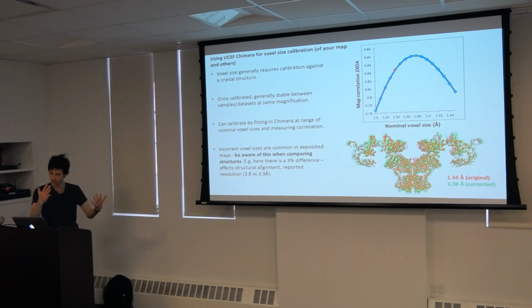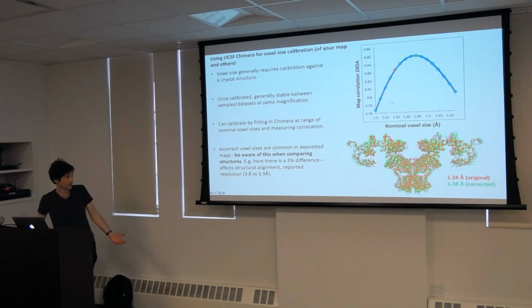But if it's just being calibrated with a cross grating, it's going to be off by enough that it's a problem. If it hasn't been calibrated with a crystal structure, collecting using the same settings, then you need to check it, because it can be off by quite a substantial amount.